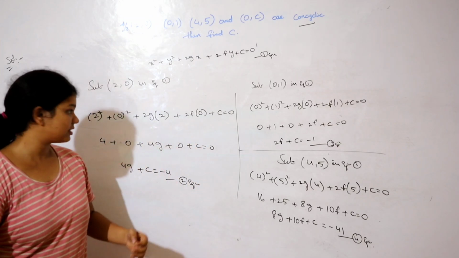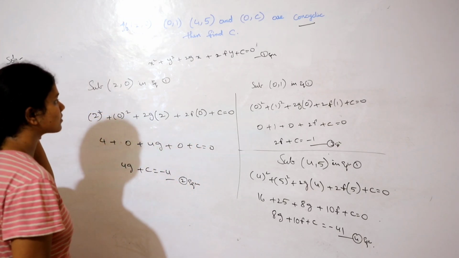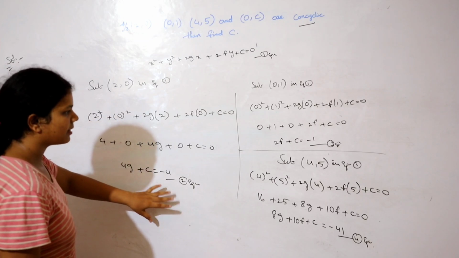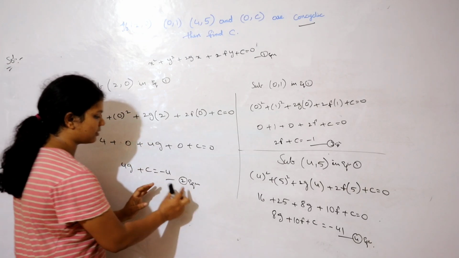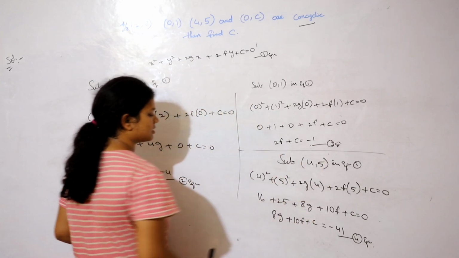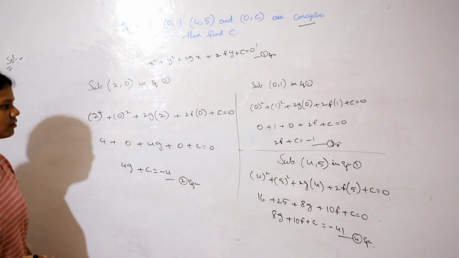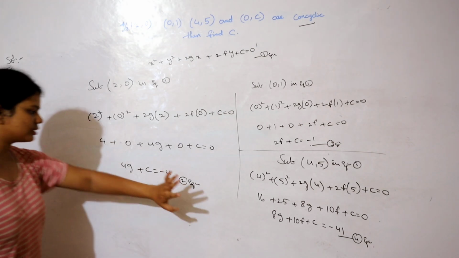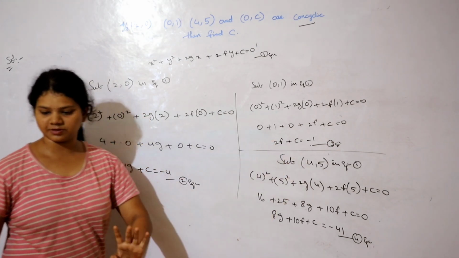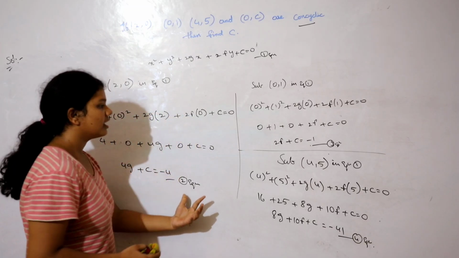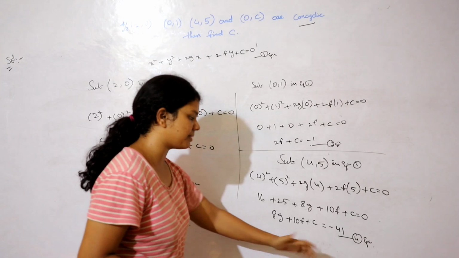Now the process goes like this. You go with any equation and simplify it. First of all I will be doing equation 2 minus equation 3, and then equation 3 minus equation 4.